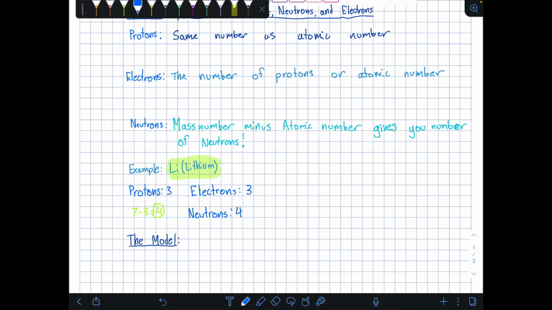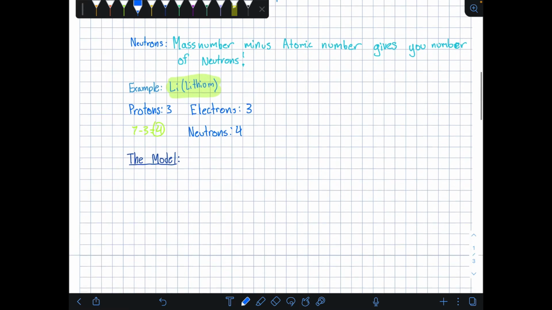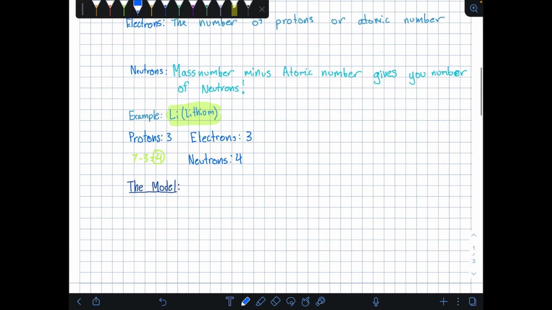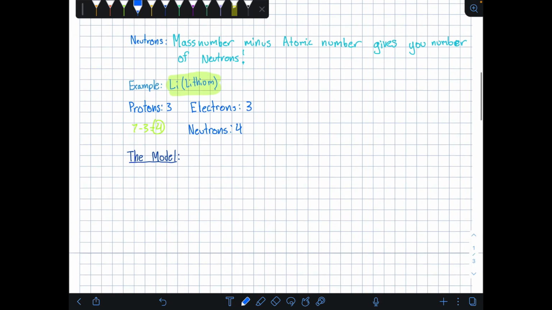Alright, now let's learn about the model itself. So the Bohr model was invented by Niels Bohr, and it is really a small model of the atom, atomic structure. Now I'm going to show you an example which will hopefully help you learn about what the model is, because you know all the information that is needed for it.